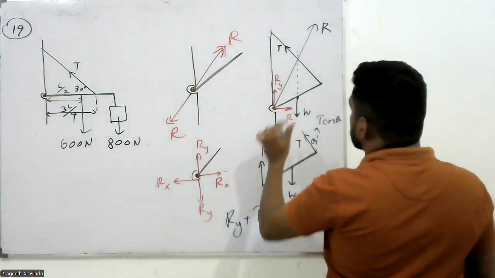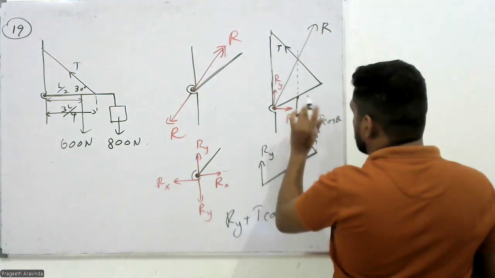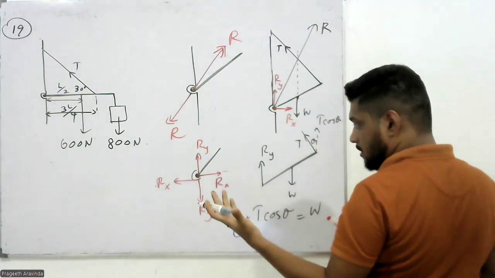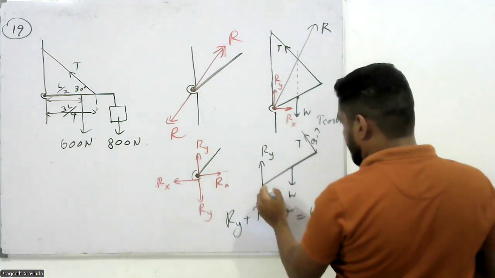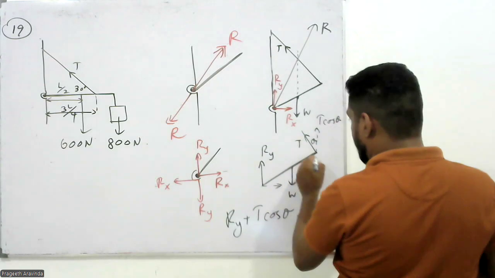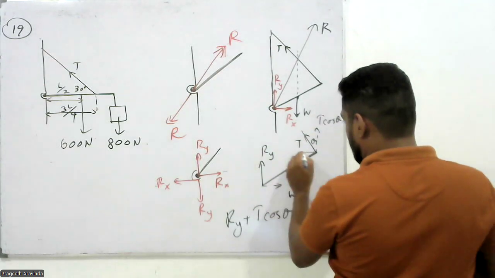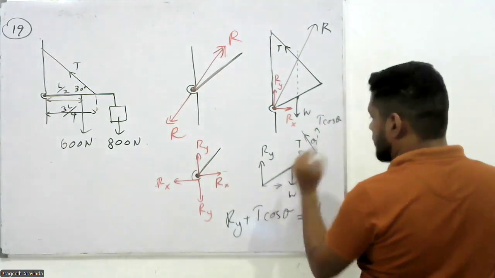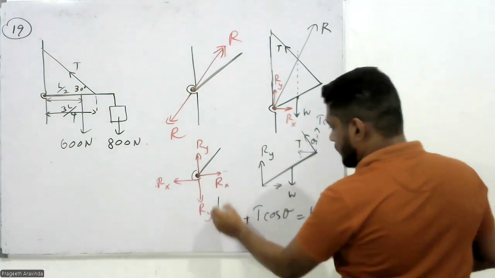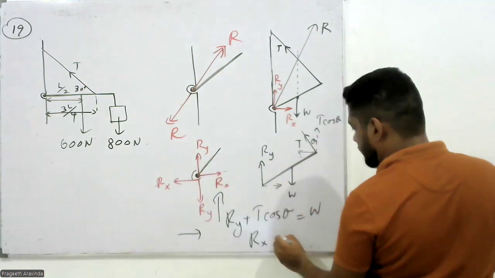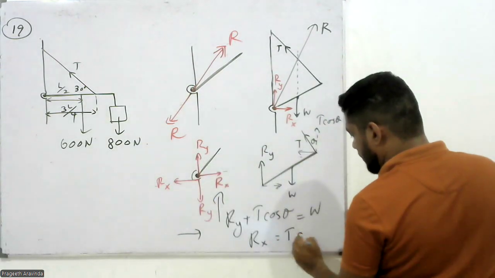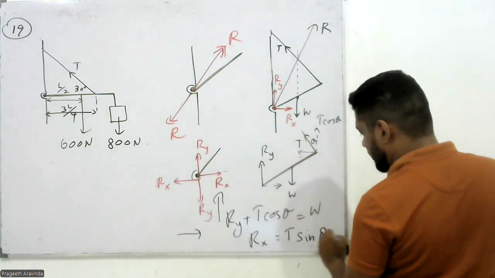When you do that, this W is vertical, so we don't need that. And rod එකේ vertical horizontal එකට එන්නේ මෙන්න මෙයයි විතරයි. What are them? That is Rx equals T sin theta.